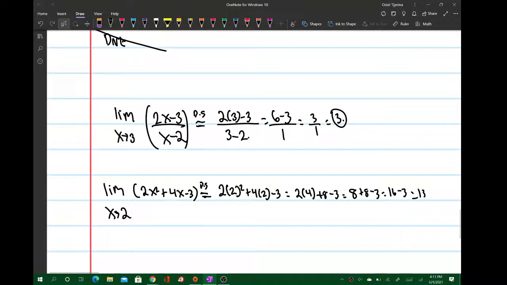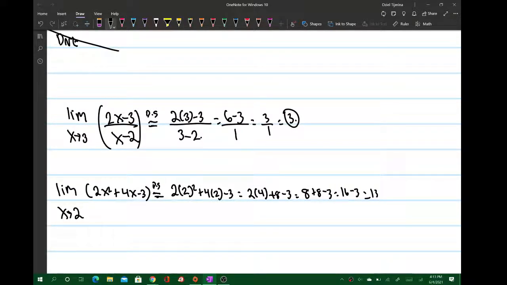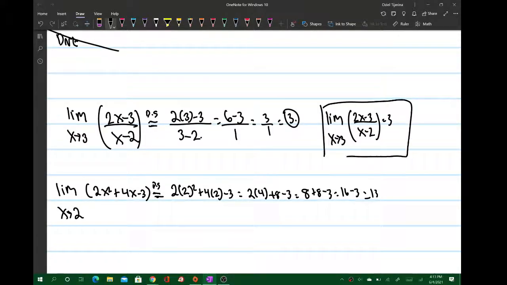One of the things I really like to do after I evaluate the limit is write it in limit form. So I would say the limit as x approaches 3 of 2x minus 3 over x minus 2 equals 3, and you just box it.